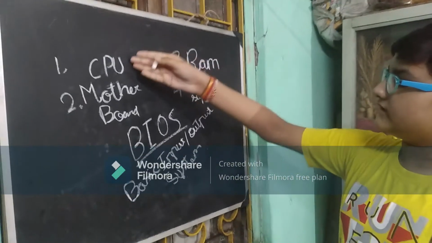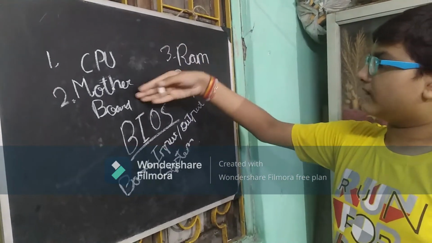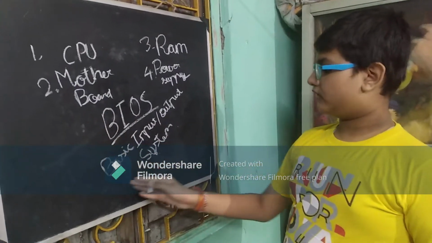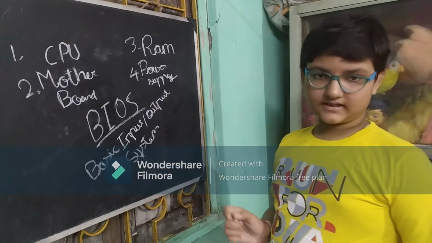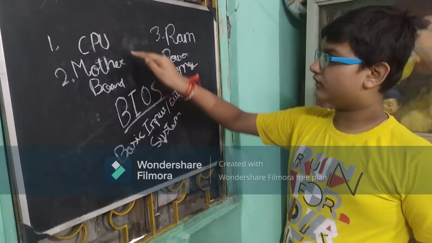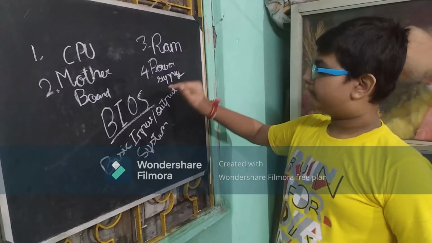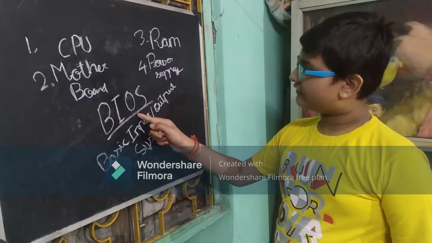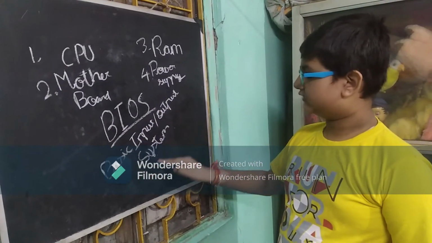So these four components, CPU, motherboard, RAM, power supply, make the BIOS activate. It's inbuilt in the motherboard, but these four components make it activate. And the full form of BIOS is basic input output system.